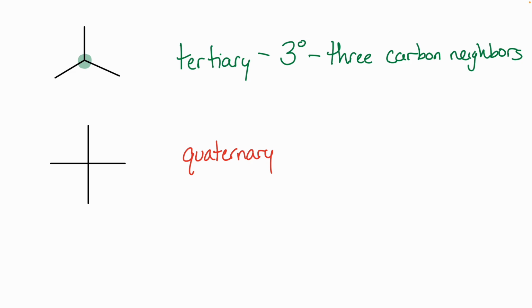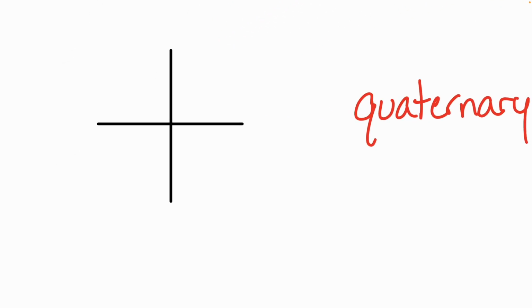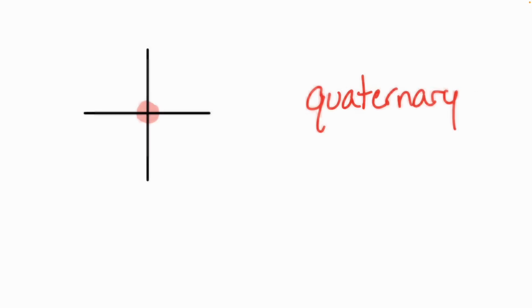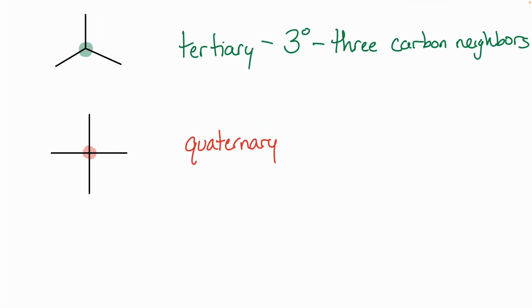So this plus sign here, first of all, let's just apply our bond line rules here. How many carbons do I see in this plus sign? 4. So we got each endpoint, 1, 2, 3, 4, and that intersection in the middle. So we got a total of 5 carbons here. The one in the middle, bound to those 4 other carbon atoms, would be the quaternary carbon in this structure.